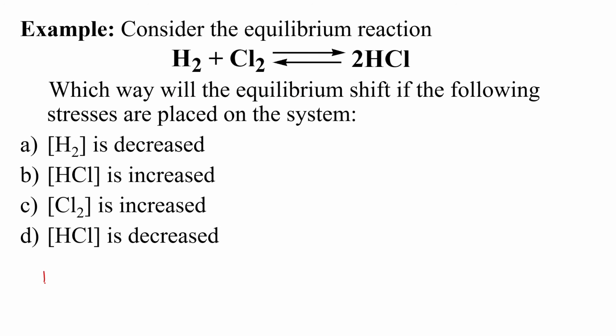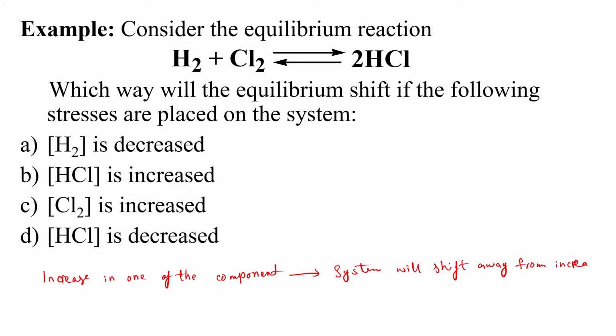So remember that with an increase in one of the components, the system will shift away from the increase, and with a decrease in one of the components, the system will shift towards the decrease.